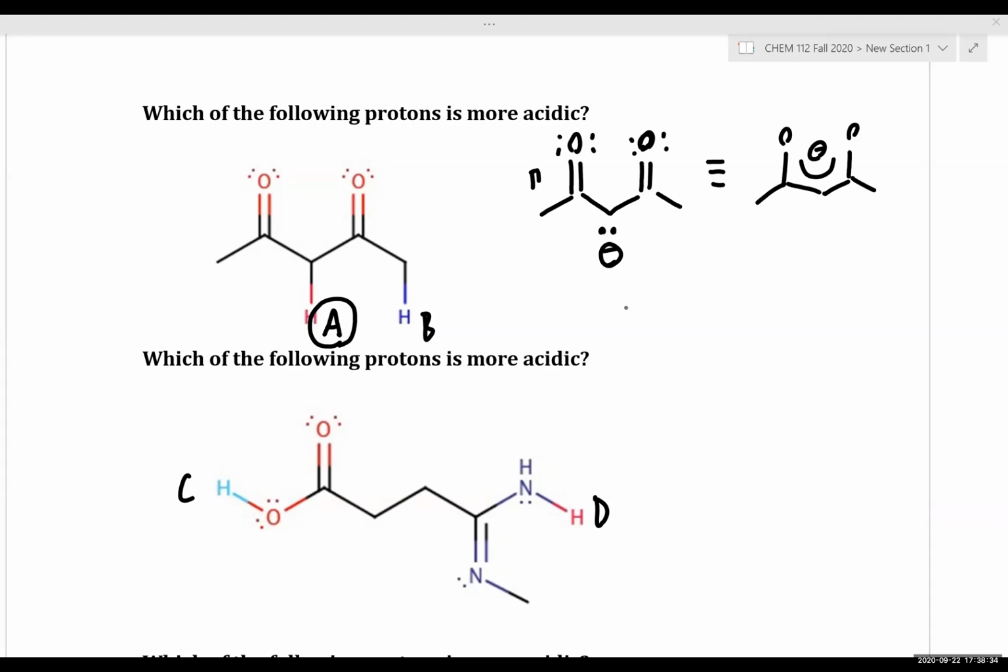If we consider proton B, we can experience delocalization via resonance, and we can stabilize our electron density, but we're constrained in that delocalization only really occurs over 3 atoms. We have this, unfortunately, sp3 hybridized carbon getting in the way of a fully conjugated system.